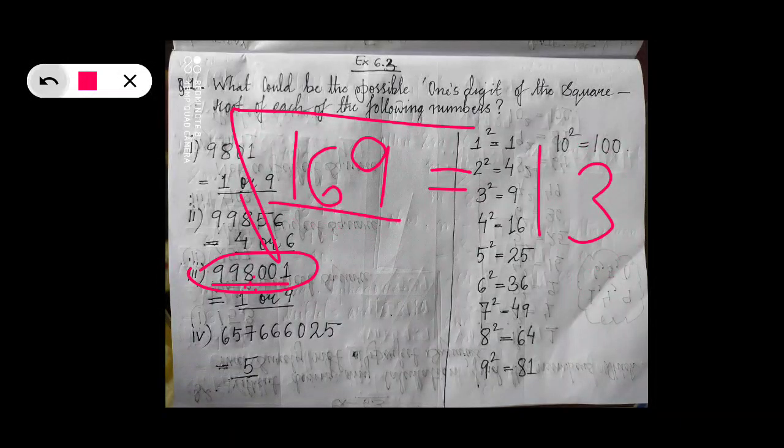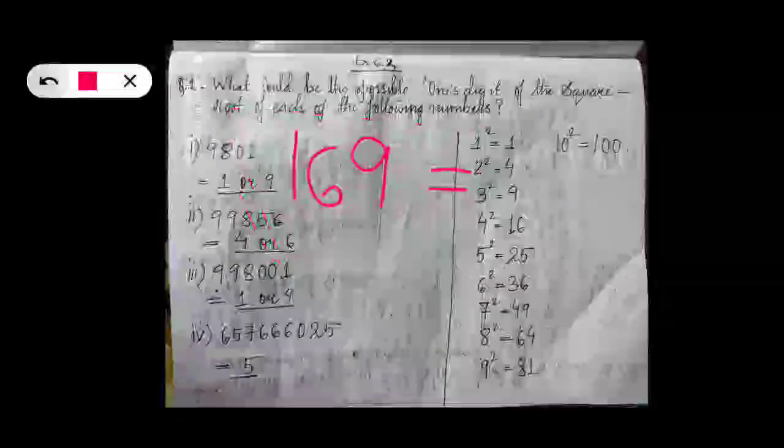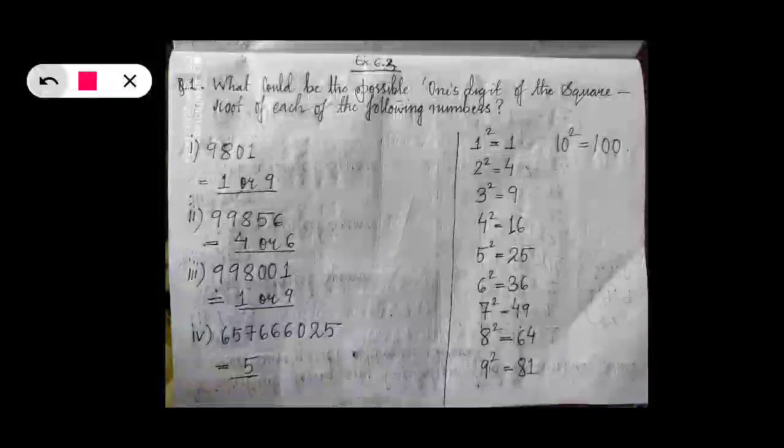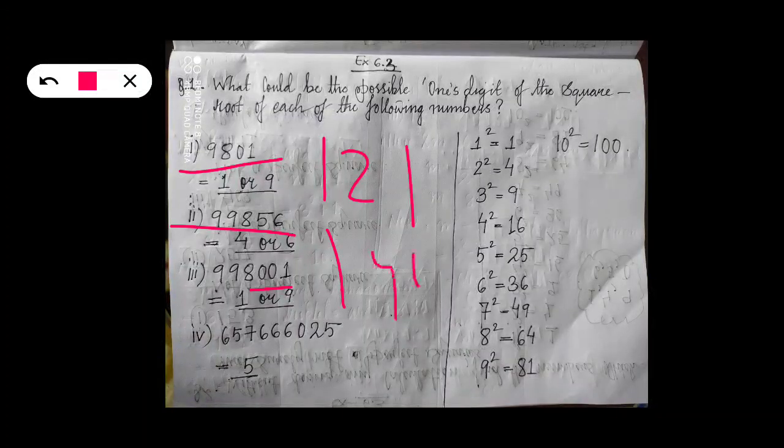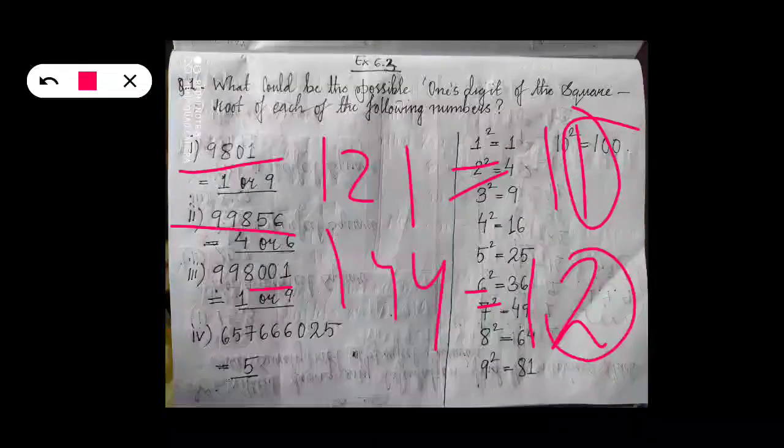The same way, what the question is asking you is, in the square root of these numbers, what is there in the unit place, in the ones place? But you don't have to find the square root of all the numbers. Like the examples which I gave you, 121 and 144, these are easy numbers. We know the square root of 121 is 11, so the ones digit is 1. 144 square root is 12, so the ones digit is 2.